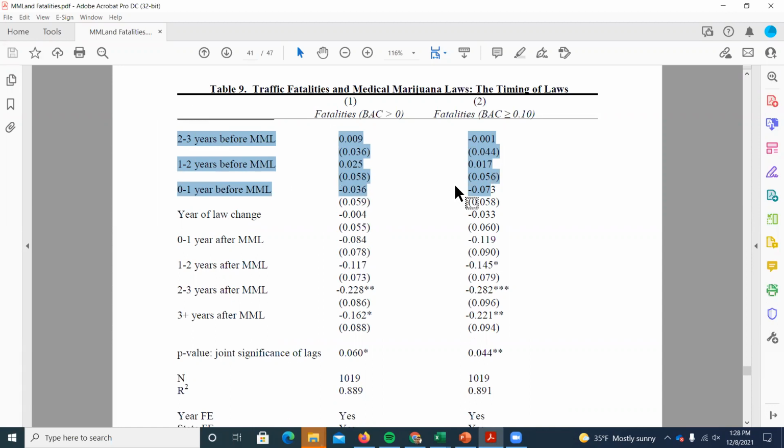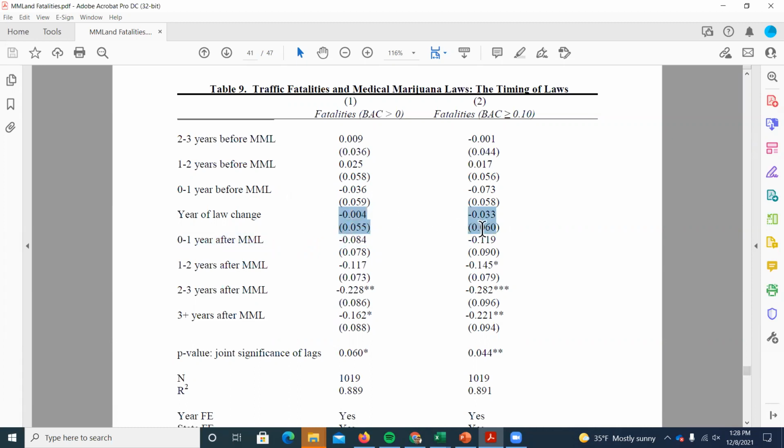This is almost what we call a falsification test, right? These coefficients should be 0. It wasn't legalized yet, right? So we look here and none of them show up as significant. Some of them start to get kind of negative as we get closer to that year where the law is going to change. Maybe some of this is being driven by some early adopters, where they expect that it's now going to be legal in the following year.